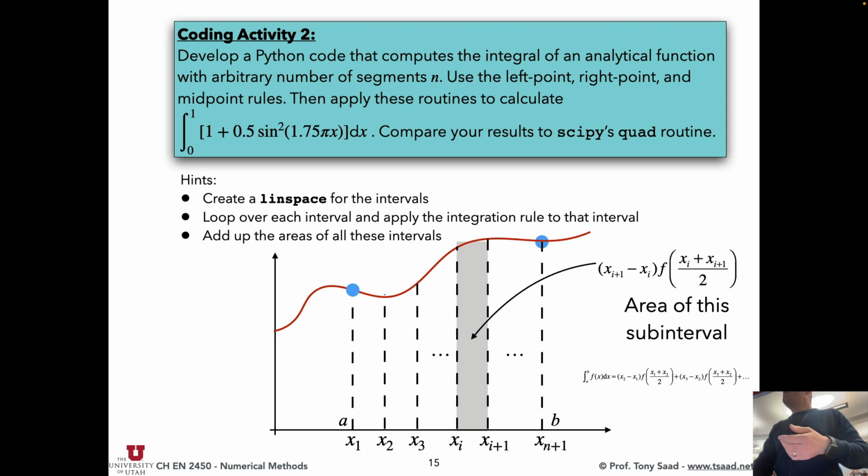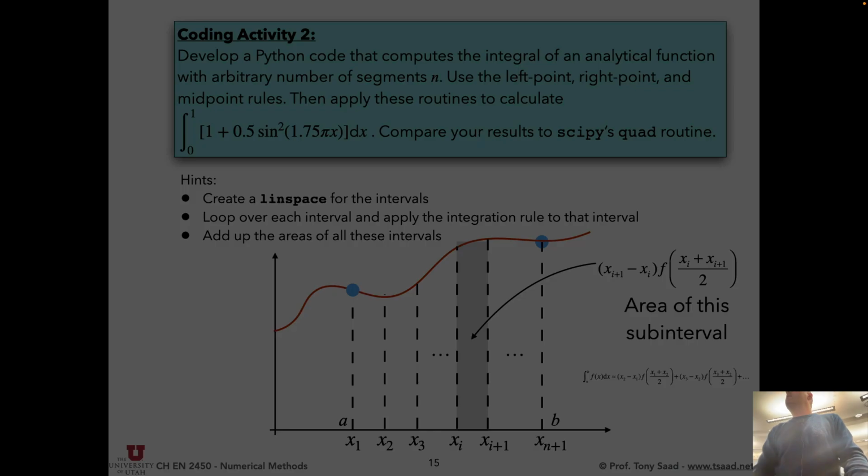Now here's some hints. What we're going to do inside that routine, the composite left-hand rule or the composite right-hand rule, is take that interval and create a linear space on that interval of equally spaced points, which will help us define the equally spaced subintervals or segments, and we'll apply the left-hand, right-hand, or midpoint rule to each one of those segments.